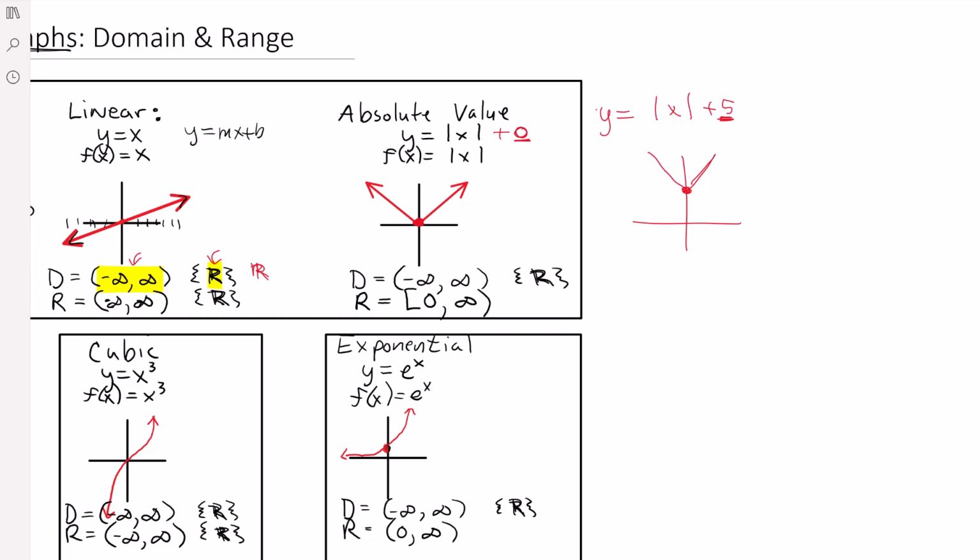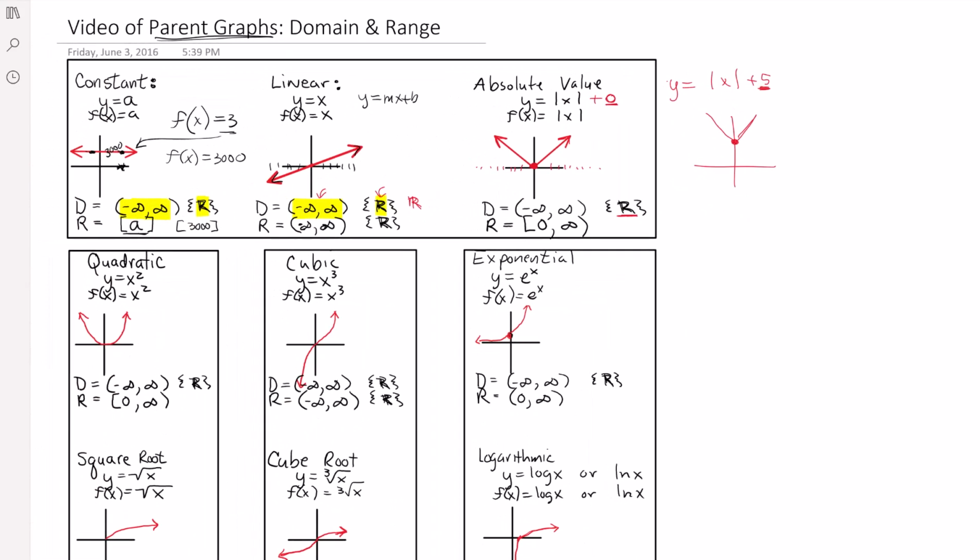So in this case, in the parent graph, the lowest value is 0, so it's going to go from 0 to positive infinity. But if you notice, we can take the absolute value of any x. So these x's go on infinitely, and these x's go on infinitely. So again, x will be all of the real numbers, or negative infinity to positive infinity.